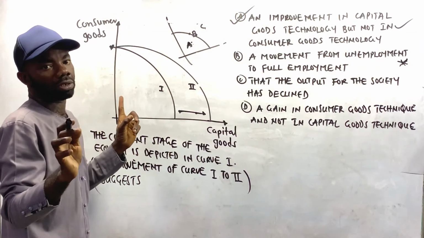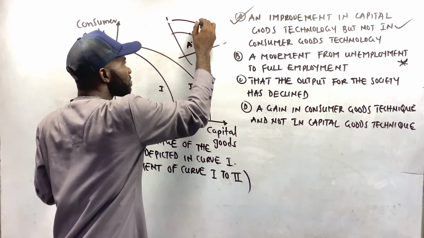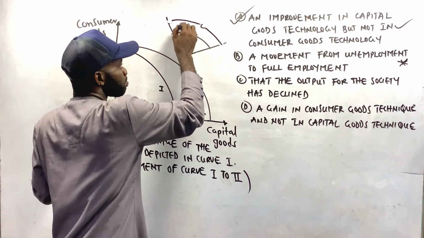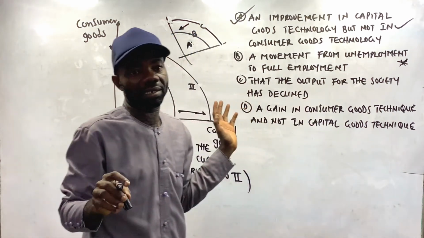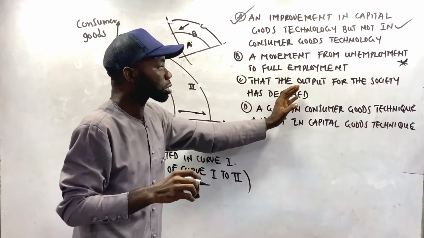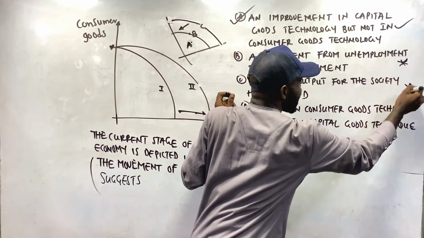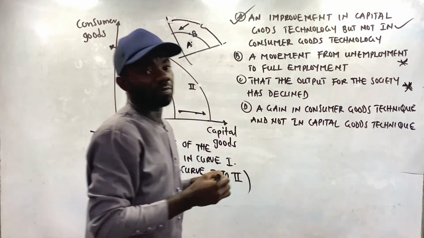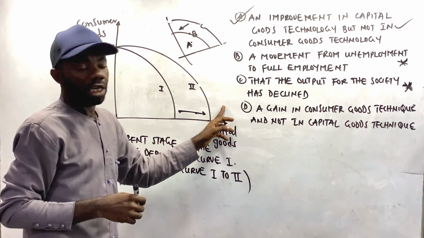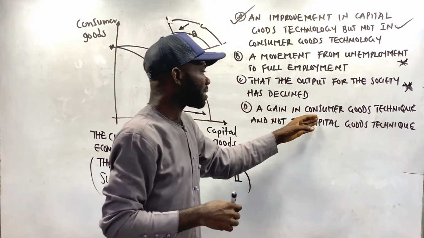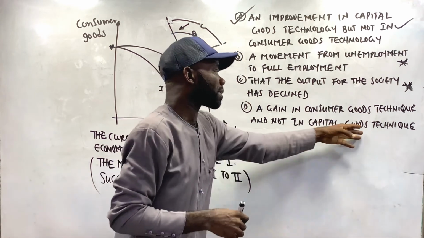That's not going to work because that's only applicable to a total shift backward. If we're not talking about a total shift of the production possibility curve, the society at large cannot experience a decline or an increase. For D, we have a gain in consumer goods technology and not in capital goods technology.